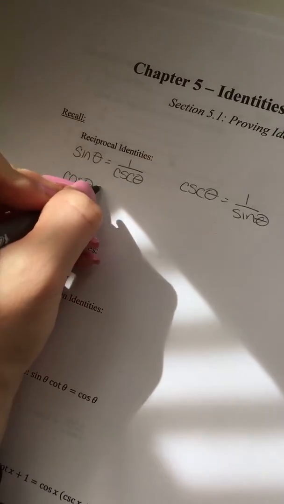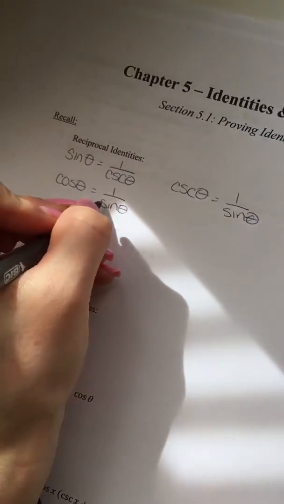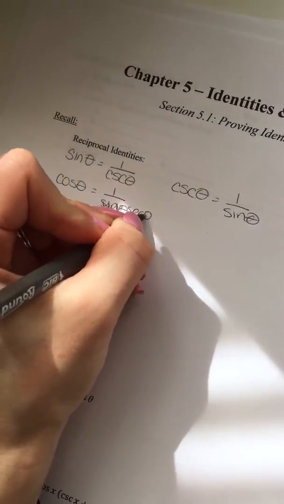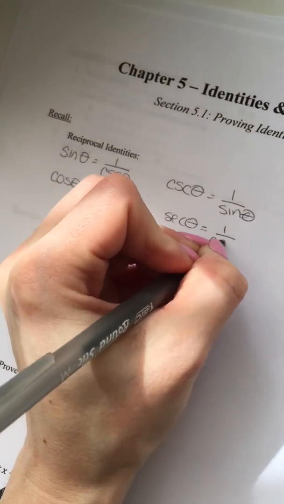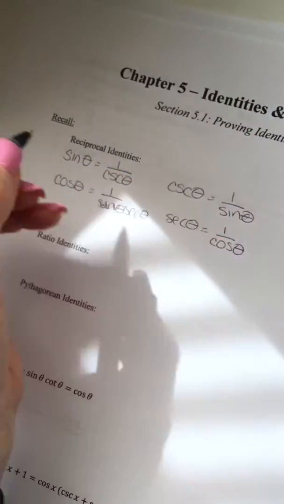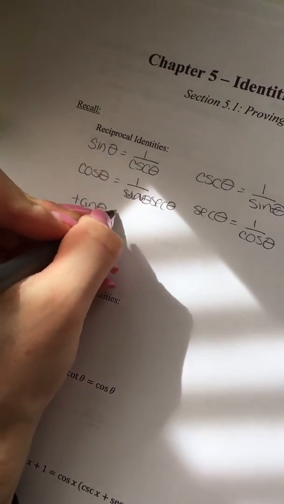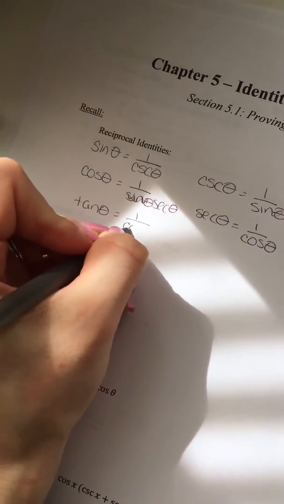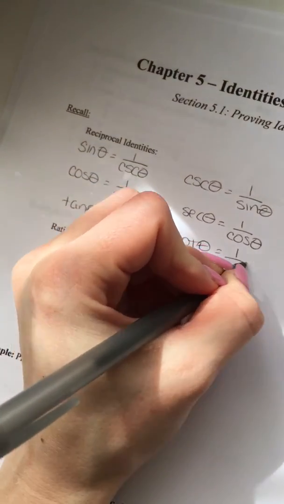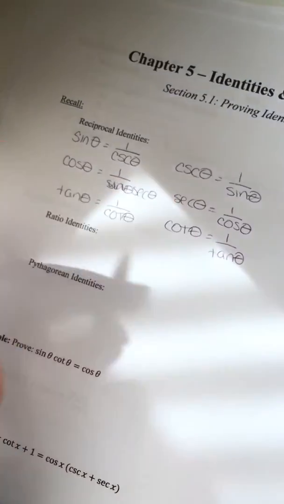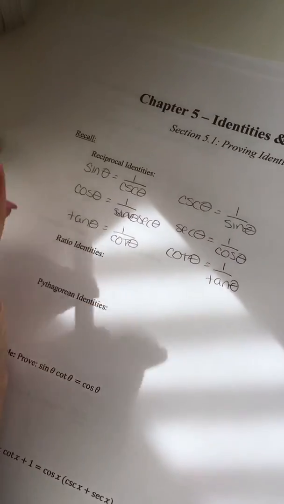Cosine is 1 over the secant of theta, and then secant of theta is equal to 1 over the cosine. And then tangent of theta is 1 over the cotangent, and then cotangent of theta is 1 over the tangent. Those are reciprocal identities. We've worked with these over and over and over again.